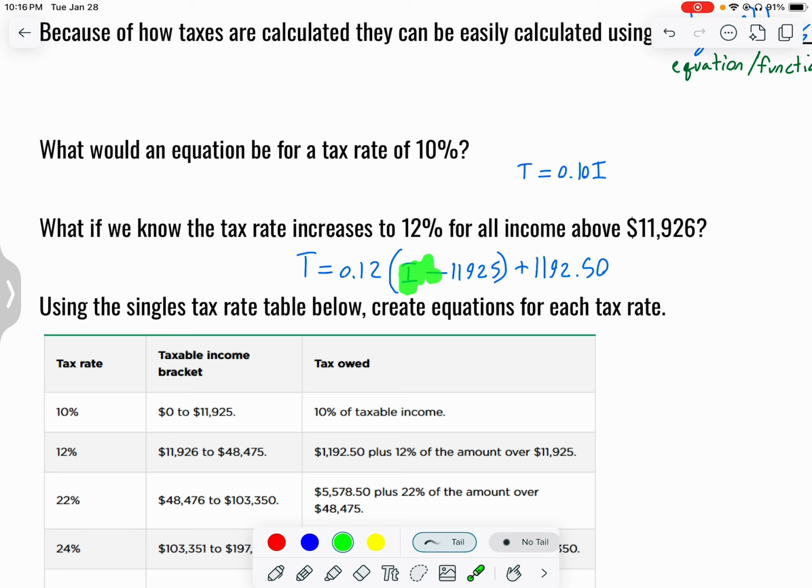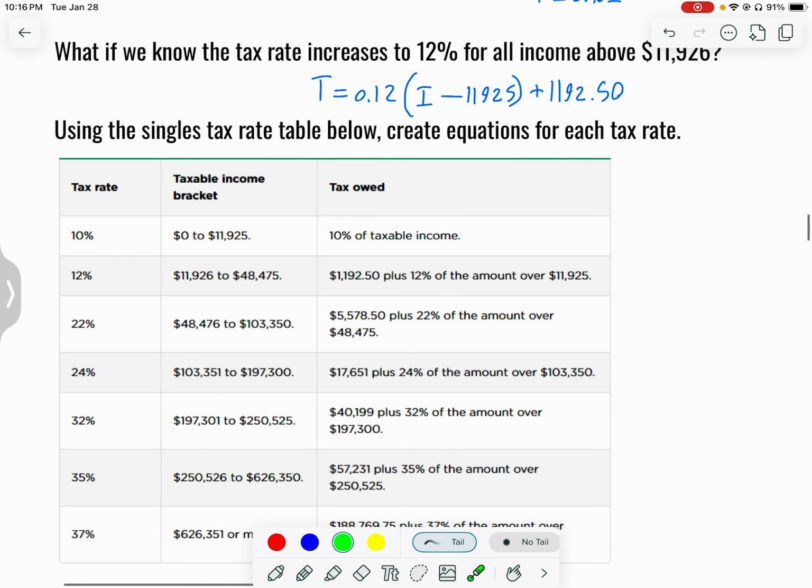We take our income, subtract out the income from the row before it, multiply it by 0.12, and then add that $1,192. And that gives us our tax rate for 12%.